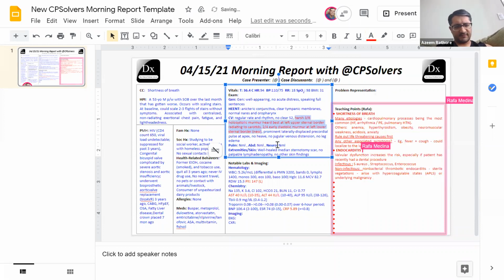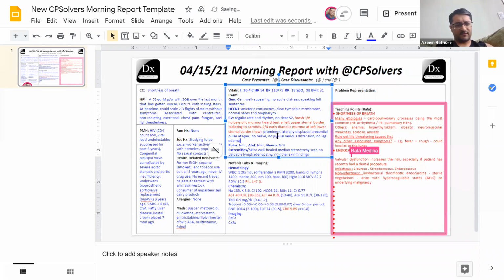Some of those, like the holosystolic murmur, could just be from the aortic valve, or just from the patient's baseline cardiac health. No JVD, so again, that makes heart failure lower on the differential. No leg edema as well.